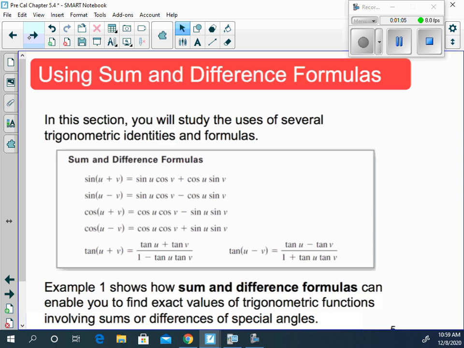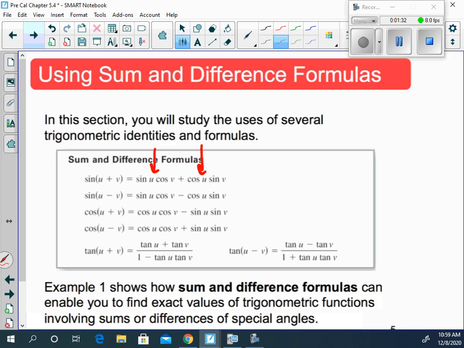Now, if you notice with sine and cosine, the sine of the sum or difference, cosine and sine, are next to each other. Sine, because if we look here and here: sine, cosine, cosine, sine. For cosine: cosine, cosine, sine, sine.